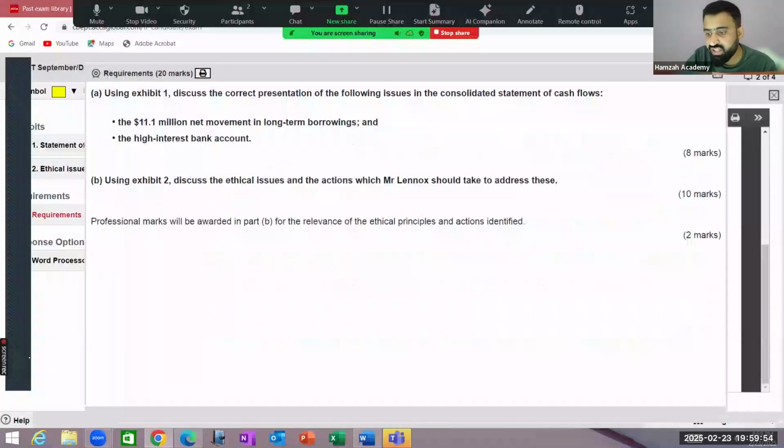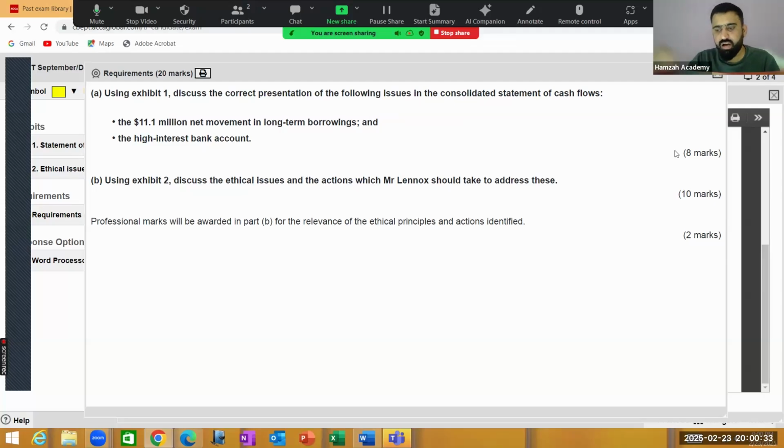And you have a total of 8 marks for this requirement. But let me tell you one thing: what is the allocation of the marks here? We have 8 marks here.